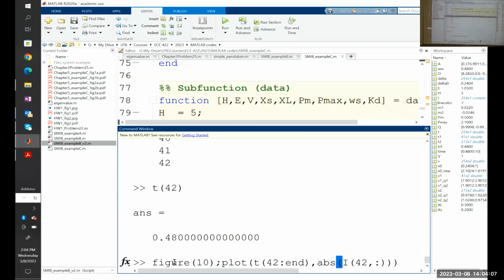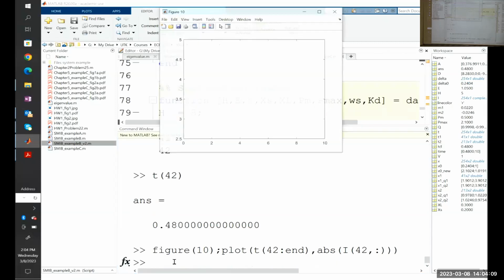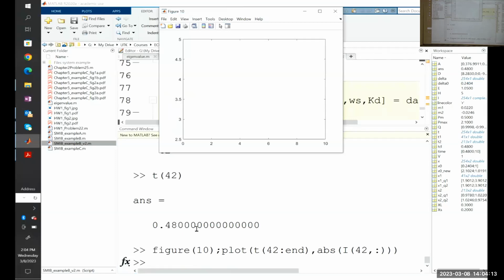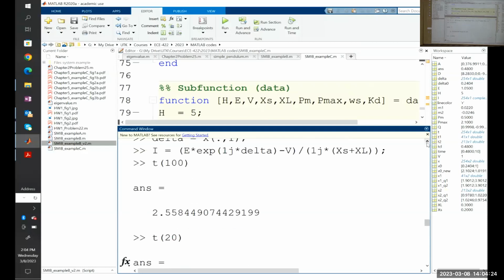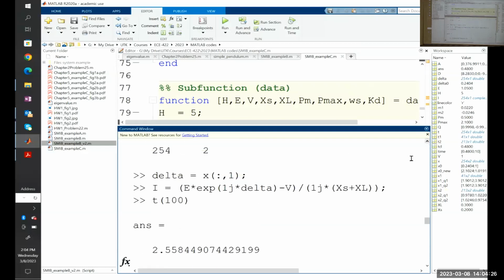So that's how we do it. And we didn't do anything. What happened to the current here? Did we calculate the current? I thought that we did it here.